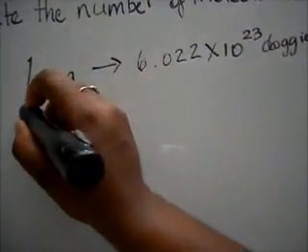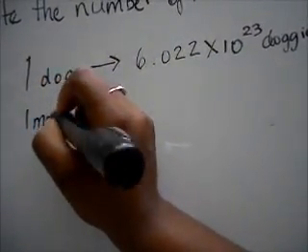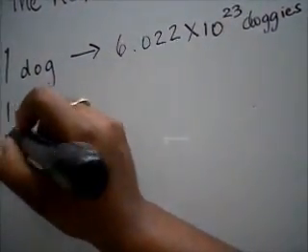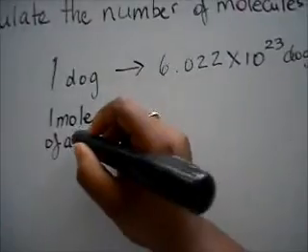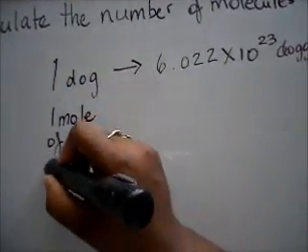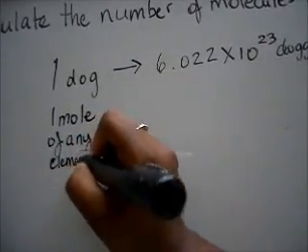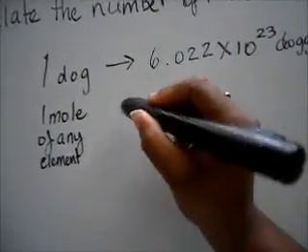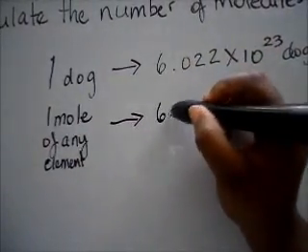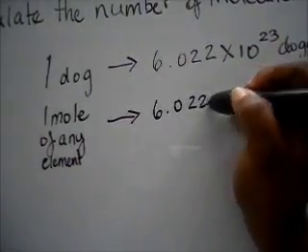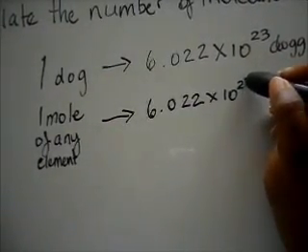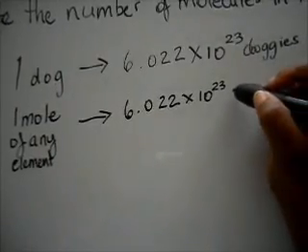So 1 mole of any element or atom, any, would contain 6.022 times 10 to the 23 molecules.